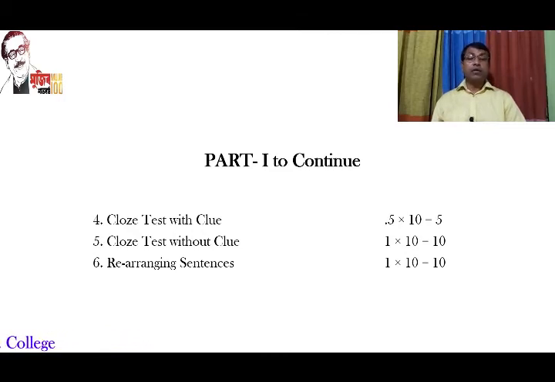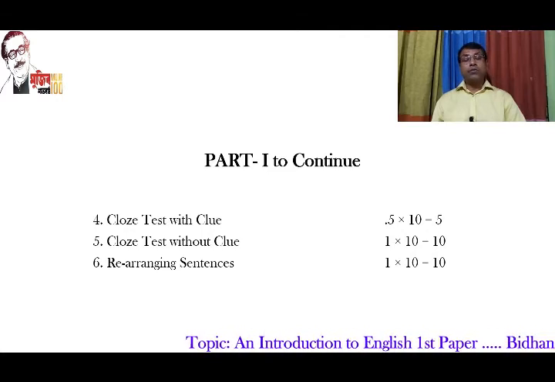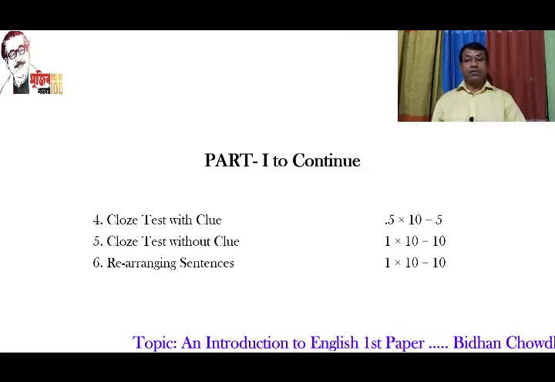That means to complete the gaps in the passage, some words will be provided in the box above the passage, and each gap will carry 0.5 mark, and in total question number 4 carries 5 marks.